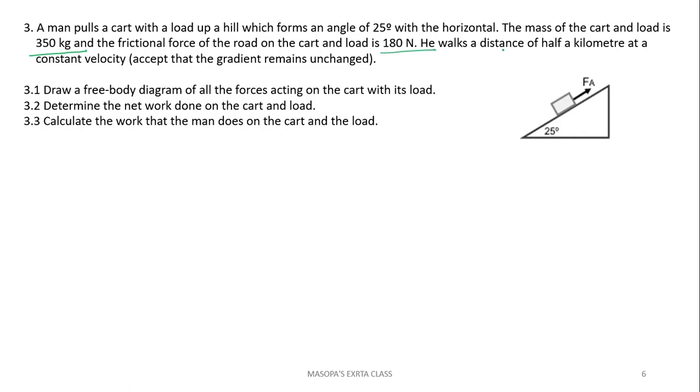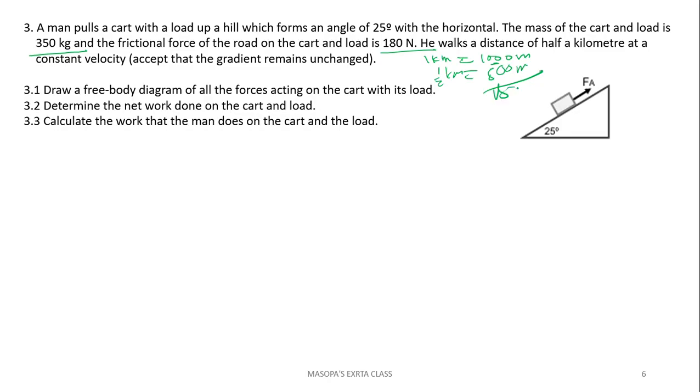And this man walks a distance of half a kilometer. Remember that we are dealing with meters, so we know 1 kilometer equals how much? 1000 meters. But if you say half a kilometer, you're going to divide this by 2 or multiply by 1/2, and then you get 500 meters.